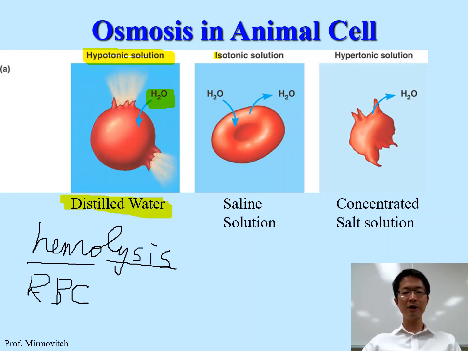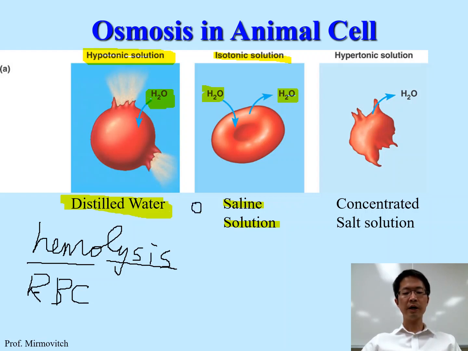And then you have isotonic solution. Isotonic solution means that the water that goes into the cell is the same as the water that goes out of the cell. And what solution is isotonic? They call it saline. Well, I should call it physiological saline. What is the concentration?